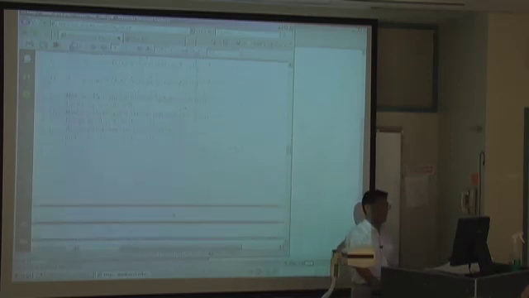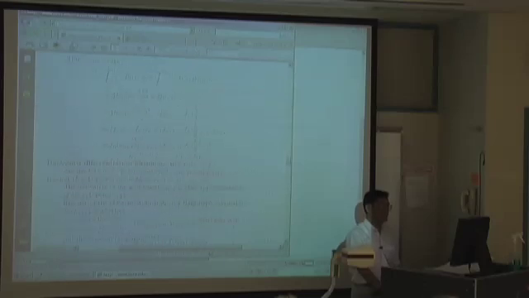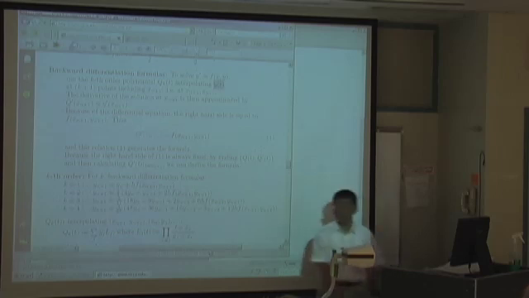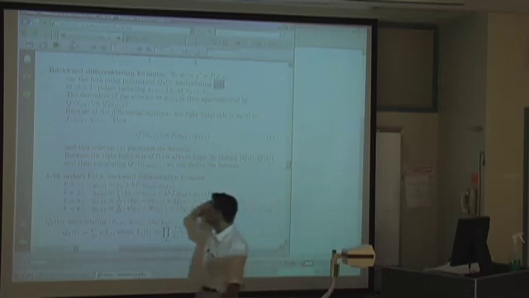Then backward differentiation also derives it, but it interpolates y. This is the difference, right? It interpolates y and then does the differentiation in the end to make a formula.